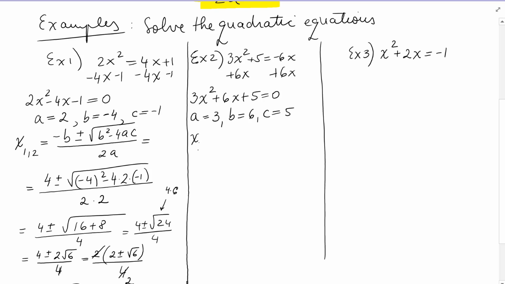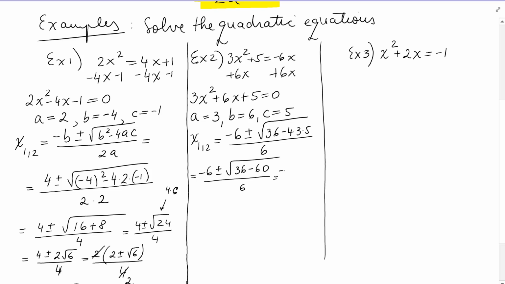So x1,2 is negative b, so negative 6, plus minus square root of b squared, so 36, minus 4 times 3 times 5, everything over 2 times 3, 6. So it's negative 6 plus minus square root of 36 minus 60 over 6.